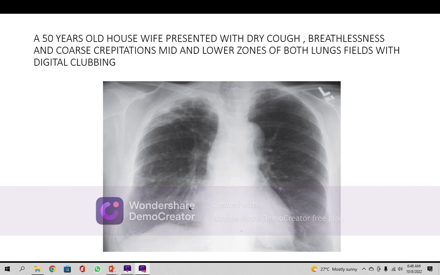In most of the cases we have given this, and the response is very good, without any effect on the CBC. So we manage this case like this, and if all of these fail, we go for orthotopic lung transplantation as the last resort.